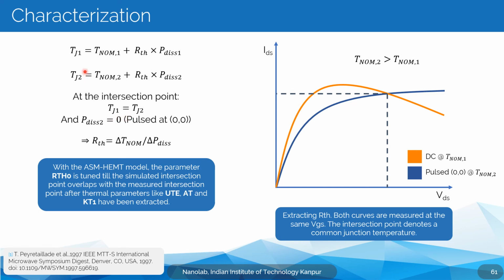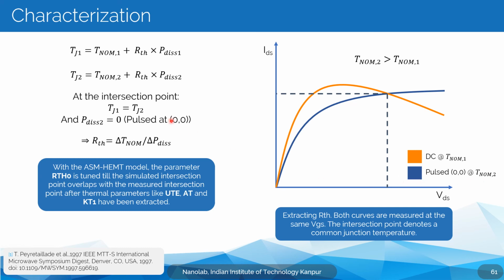If we define junction temperature as the nominal temperature plus the delta T, which we discussed in the last slide, then delta T is thermal resistance times power dissipation. Once you have the junction temperature the same at this intersection point, then if you equate these two, P dissipation for the second case is 0, since the pulsed condition has no current flowing through it, so there's no power dissipation.